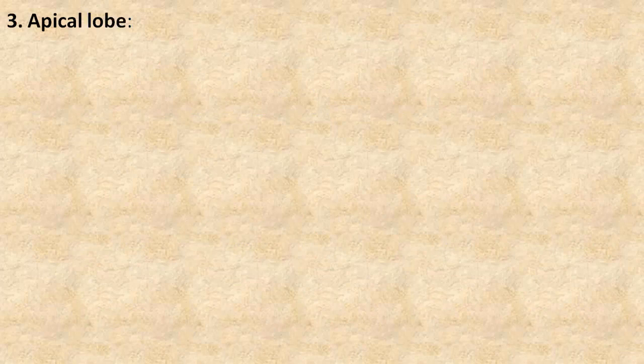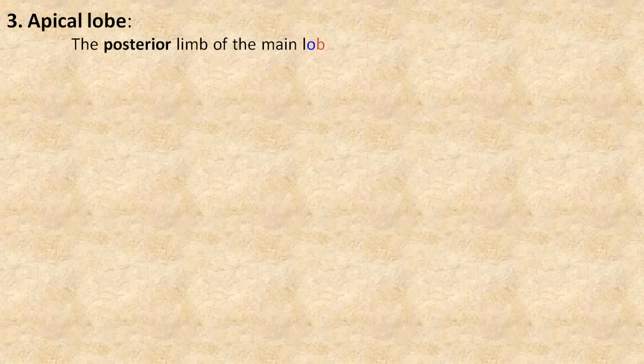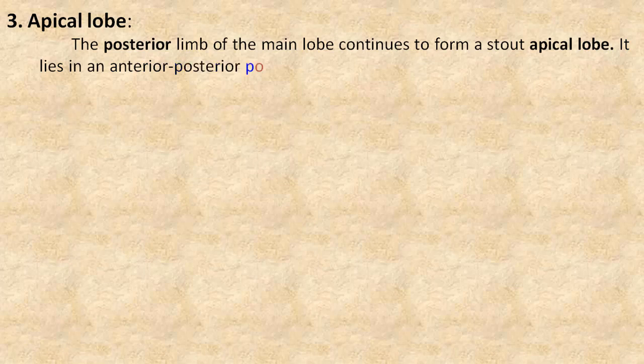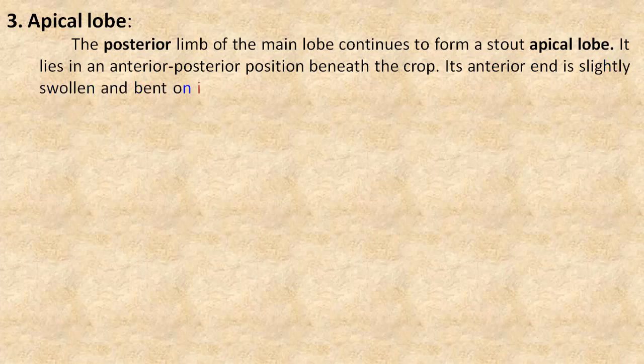Third is apical lobe. The posterior limb of the main lobe continues to form a stout apical lobe. It lies in an anterior-posterior position beneath the crop. Its anterior end is slightly swollen and bent on itself like the handle of a walking stick.